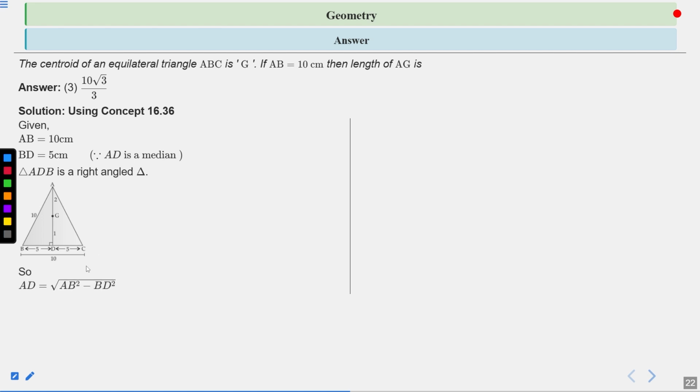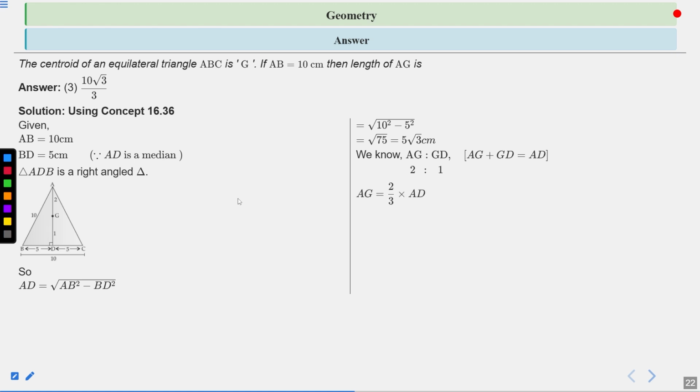So AD will become under root AB square minus BD square, by using the Pythagoras theorem. So we get under root 10 square minus 5 square, which equals root 75, or we can say 5 root 3. So we know that AG plus GD becomes AD, and the ratio of AG to GD is 2:1.